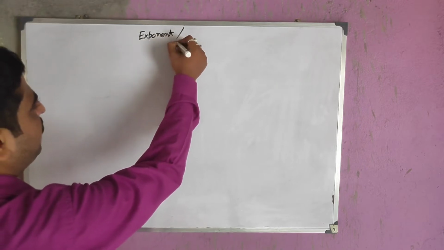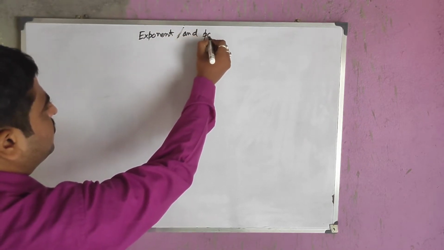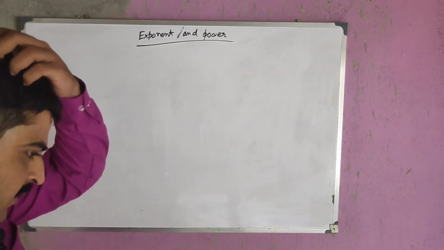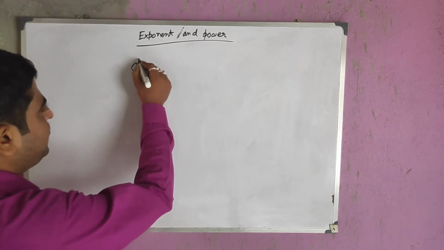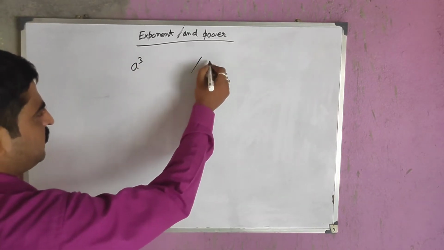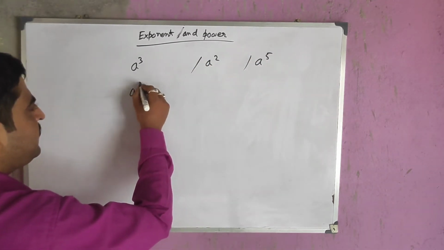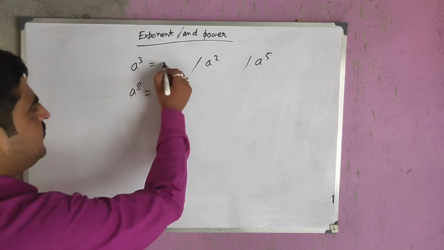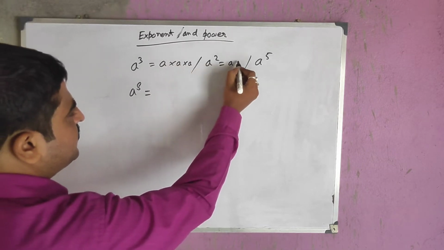Exponent and powers. So first, what do you mean by a cube or a square or a to the power 5 or a to the power 8? Now a cube means it is a into a into a. A square means a into a.